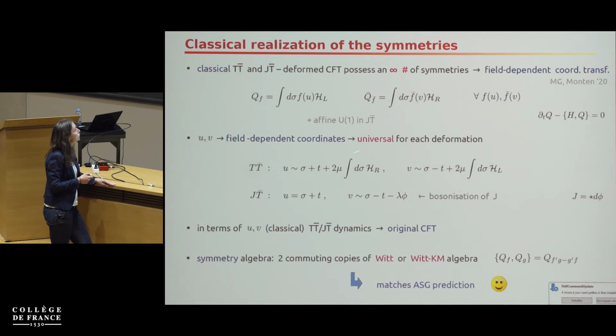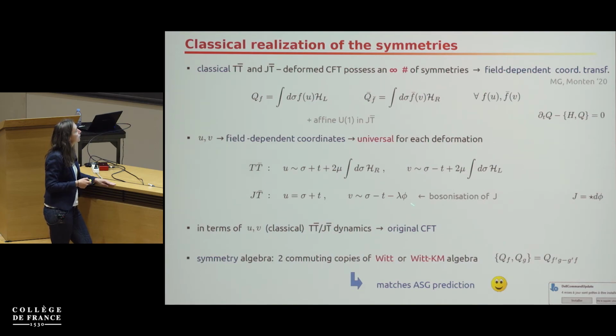These field-dependent coordinates are universal for each type of deformation. So for T T bar, U is the old left coordinate plus some integral of the right-moving Hamiltonian, and V is this. Up to a lot of details and passing between different formalisms, this is like the previous expression we had with the L bar and the L in holography.